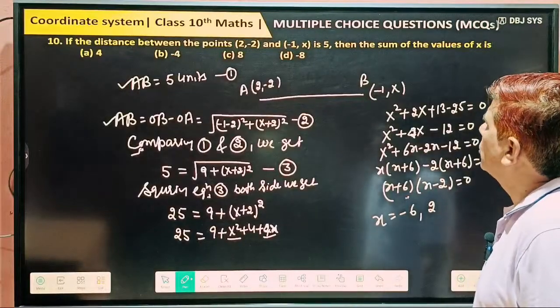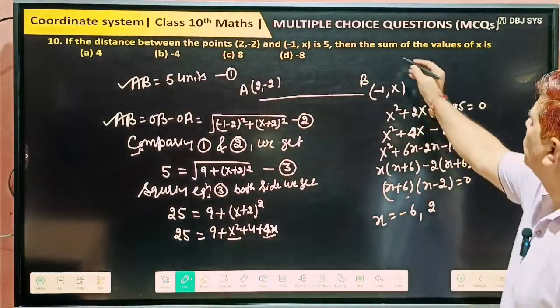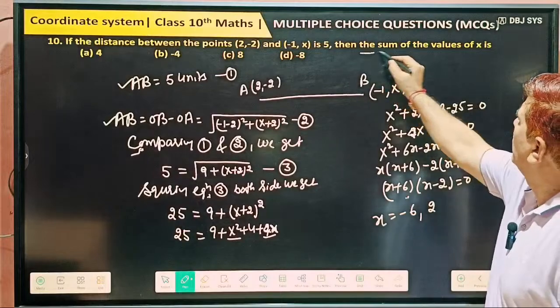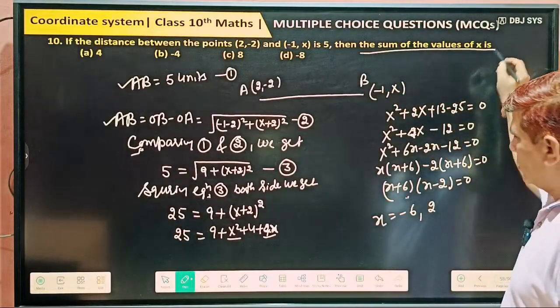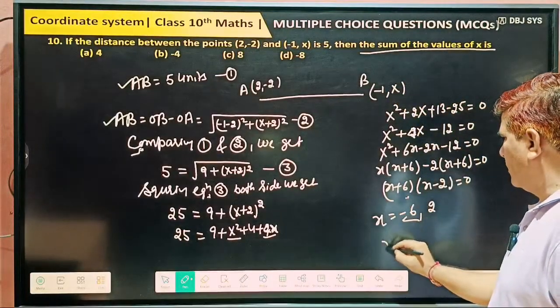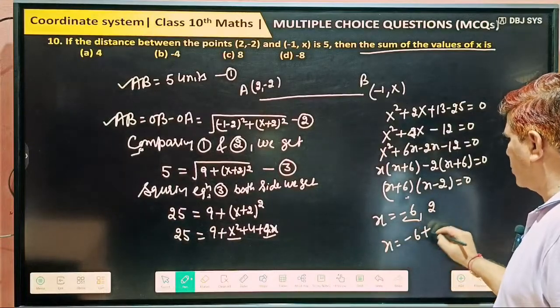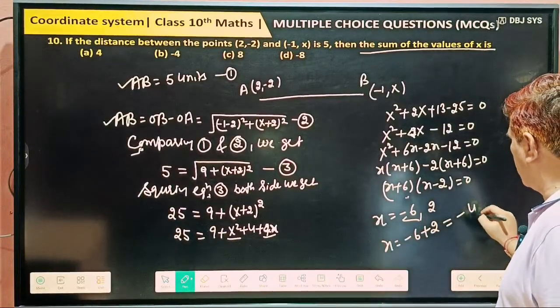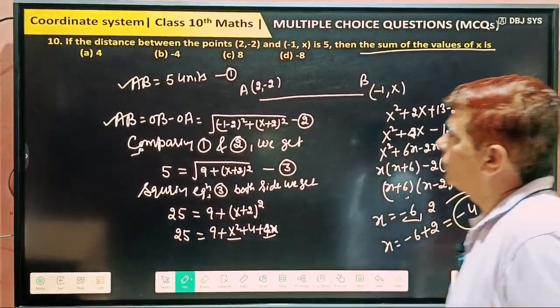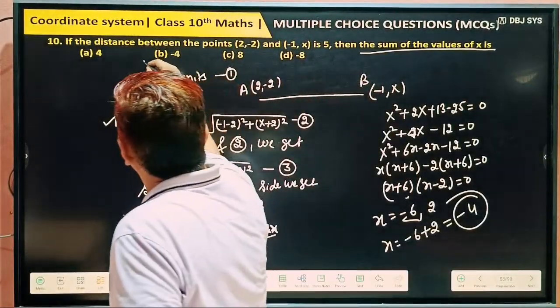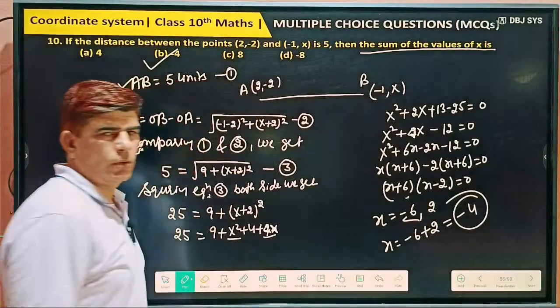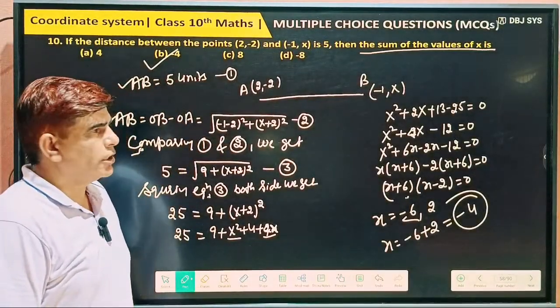So what's given in your answer? Sum of the values of x is, so sum: -6 plus 2. How much? -4. So is -4 given anywhere? Yes, given. Sum of the values is -4. Understood?